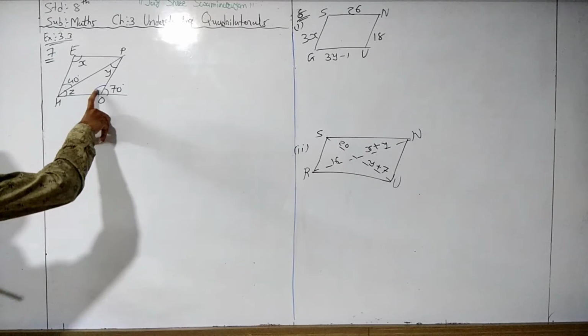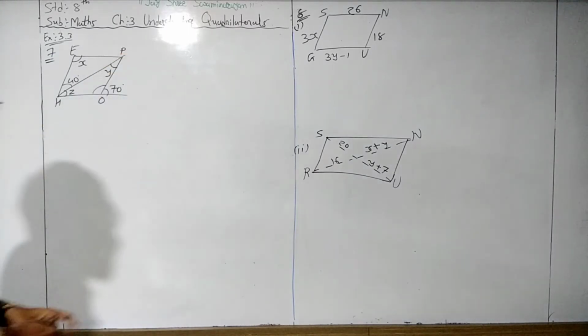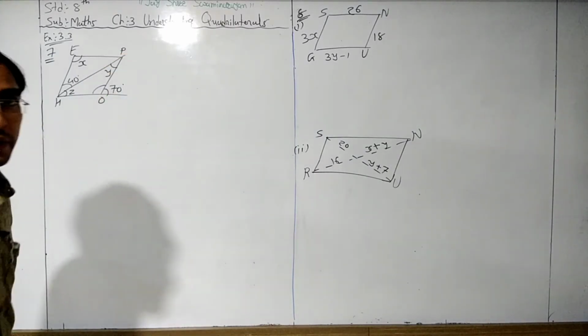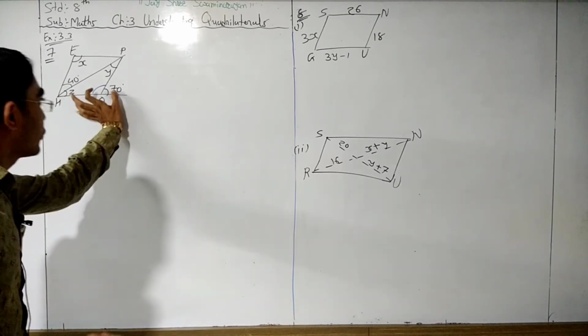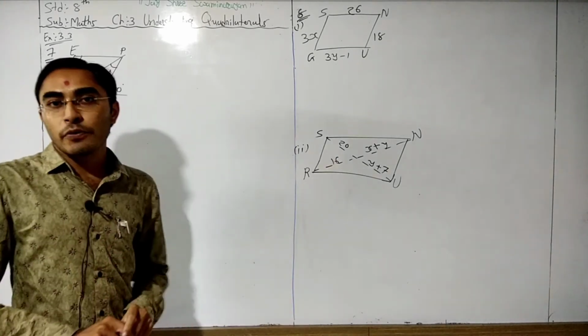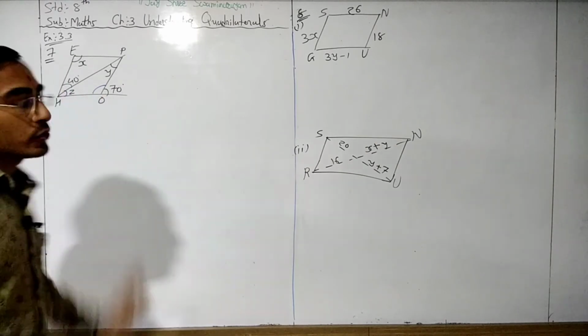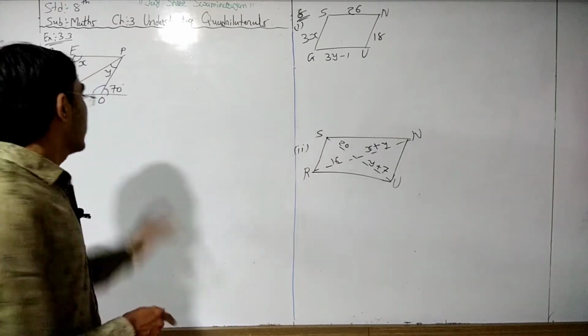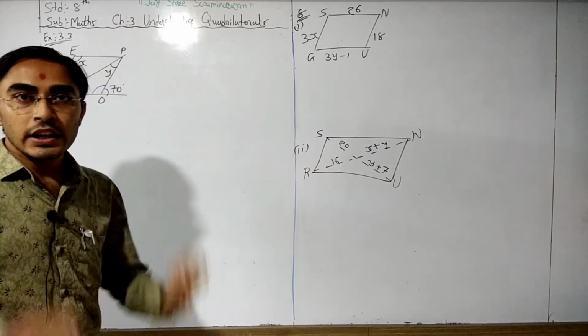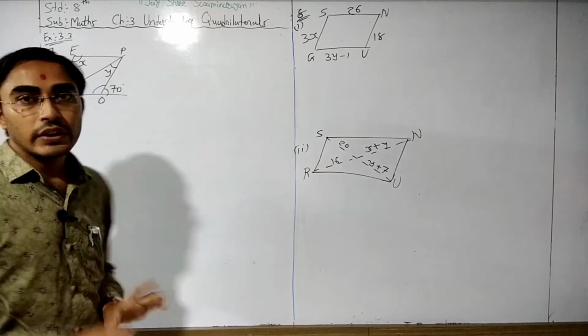And how can we find this angle HOP? 180 minus 70 degrees, because these two are a linear pair of angles, right? One angle is 70 degrees. So from that we can find this angle.